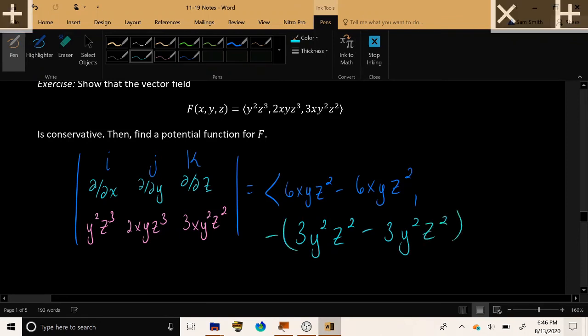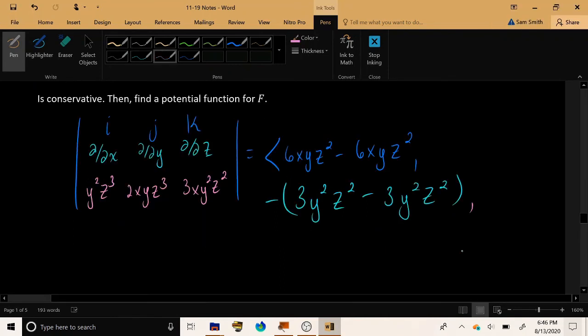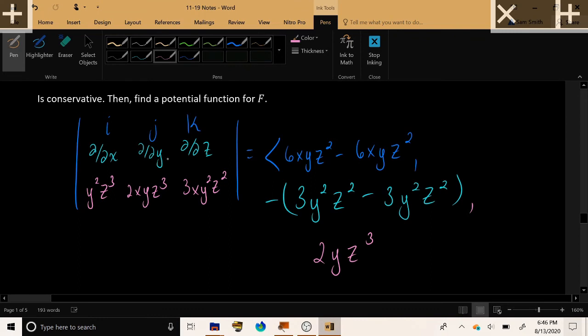And even when you take the opposite of that, the result will still be 0. So that's wonderful. And finally for k, we have partial x of 2xyz cubed, so 2yz cubed, and then partial y of y squared z cubed, so again 2yz cubed.